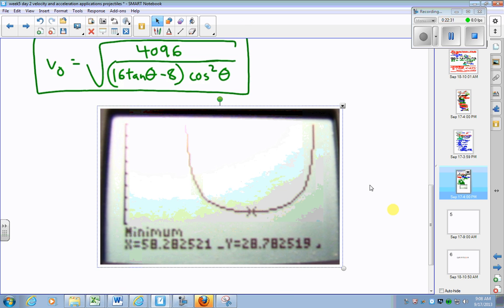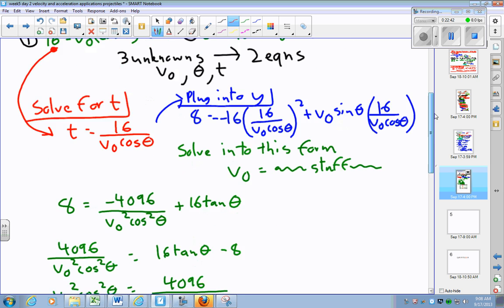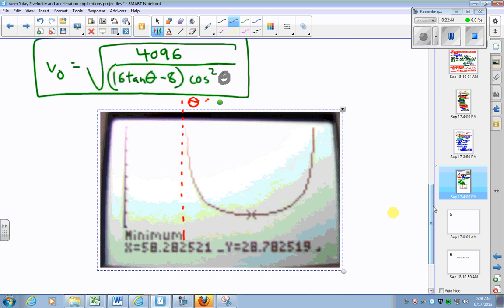And let me extract out a couple things for us on this. So I found that minimum. And I just want to remind you that there was an asymptote right there at that angle we found originally, which was, what did we say it was? 26.56 degrees. And you should know that is right here. What did we find right there?